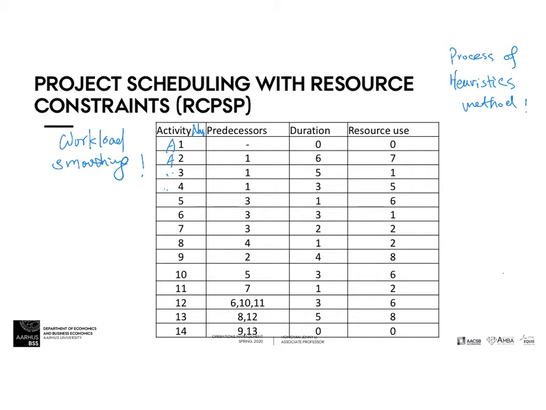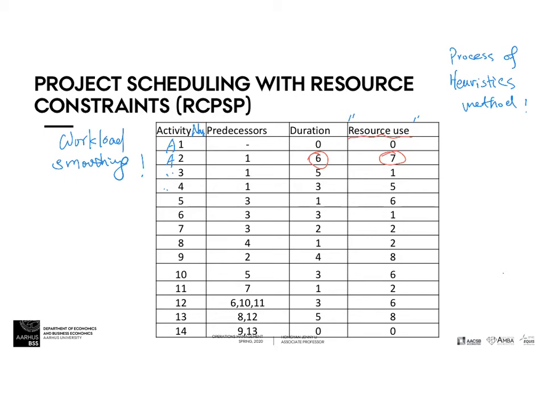The predecessors are also given for each activity, the durations are also estimated, and we also have a third type of information which we have not experienced before. That's called the resource use. This is normally an existing constraint for your problem. For example, in order to finish activity 2 within 6 days, where 6 days is the duration, the resource use of 7 means you take 6 days and each day you need 7 units of resources.